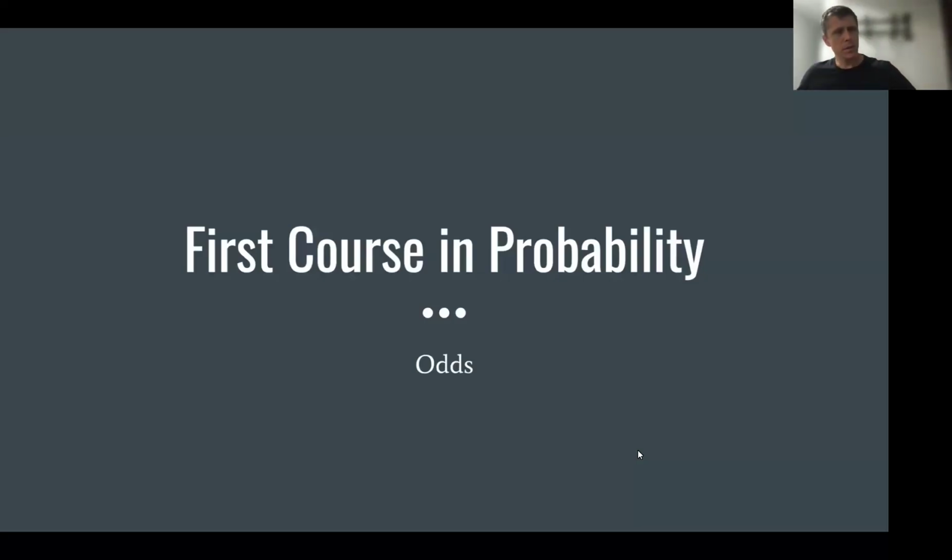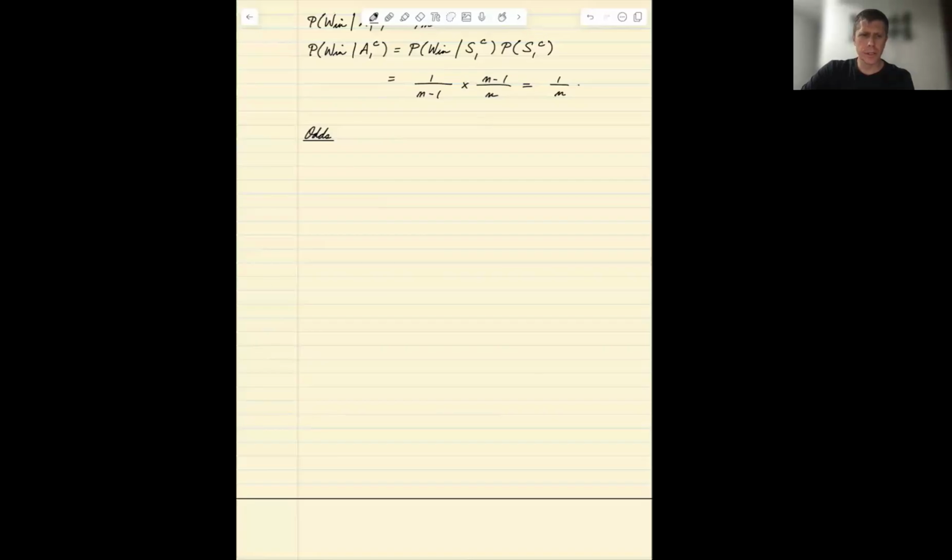Okay, so now what I'm gonna talk about is a topic. It's just an alternative way to calculate conditional probability in terms of odds, which gives a little bit more intuition maybe behind how we might use conditional probability.